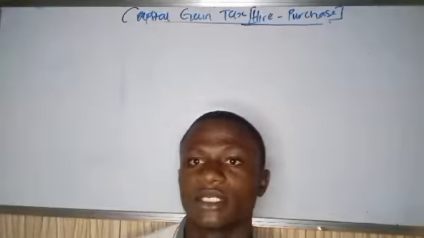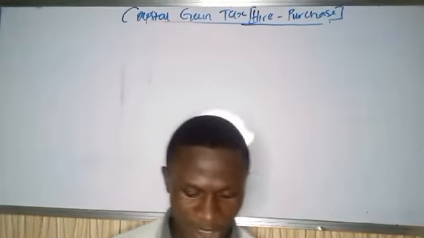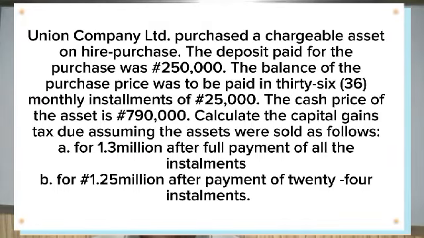Now from the question we have here, Union Company Limited purchased a chargeable asset on hire purchase. The deposit paid for the purchase was 250,000. The balance of the purchase price was to be paid in 36 monthly instalments of 25,000.